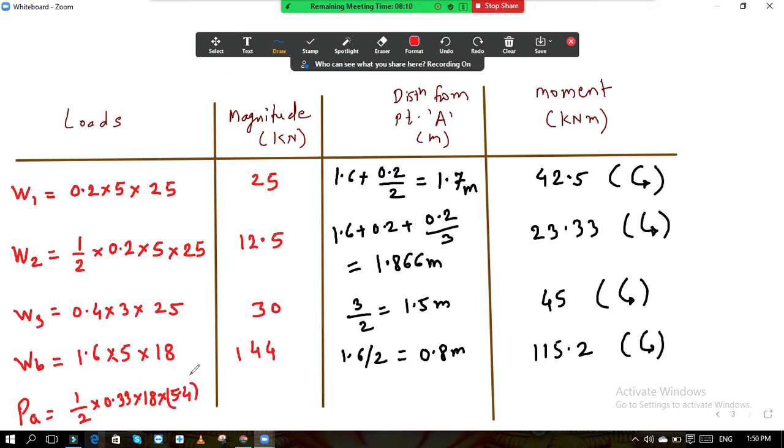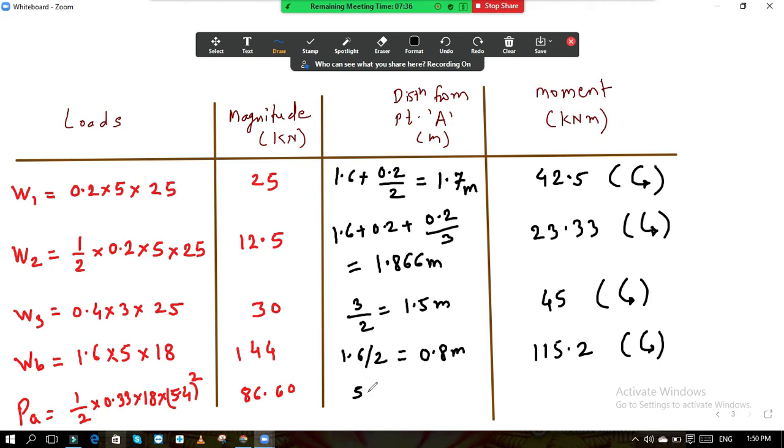This is the active earth pressure. Okay, and its value is 86.60. This is horizontal pressure. All the above four pressures are vertical, but this is horizontal, and its CG will be at H by 3.